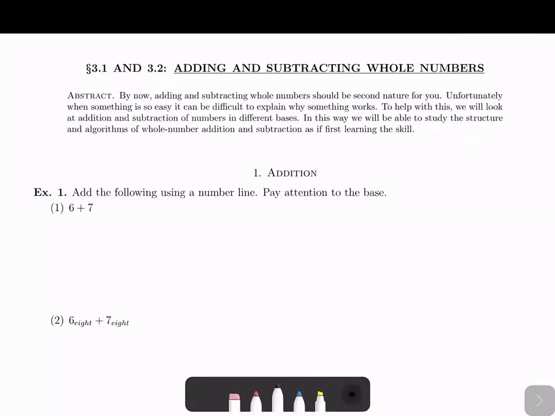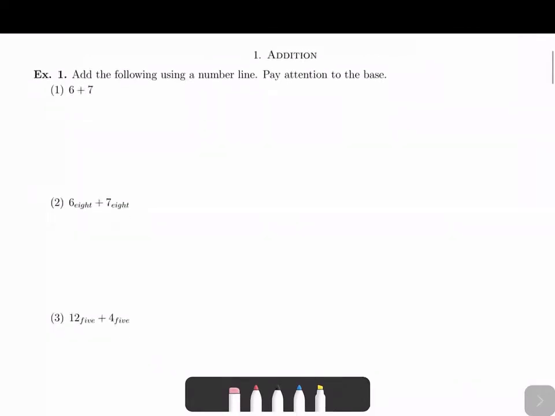This first example doesn't have a base, so we're going to assume that it's base 10. If a base isn't explicitly listed, we're doing operations in base 10. So the number line in base 10 is our standard number line, like so.